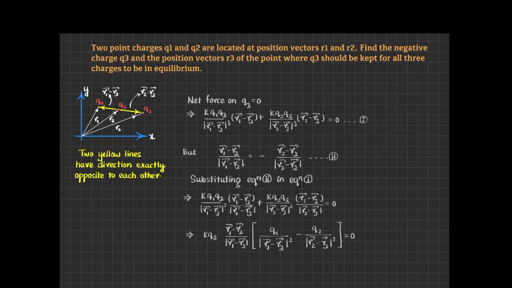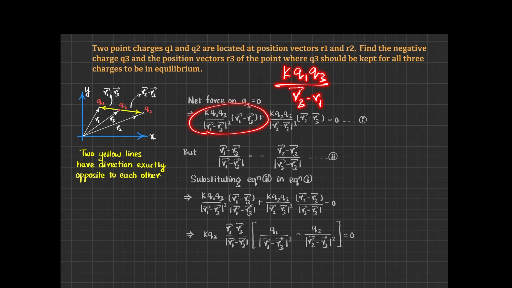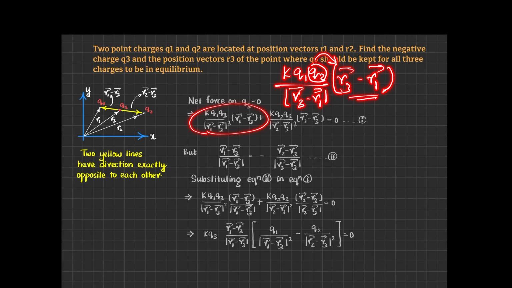But look, they have already told us the q3 value will have negative sign. So normally I would have written it k q1 q3 by magnitude of r3 minus r1 vector into r3 minus r1 vector. This is how I should have written it. But I already know q3 is of negative sign. So that minus sign I am multiplying inside the bracket and I am making it r1 minus r3 vector.